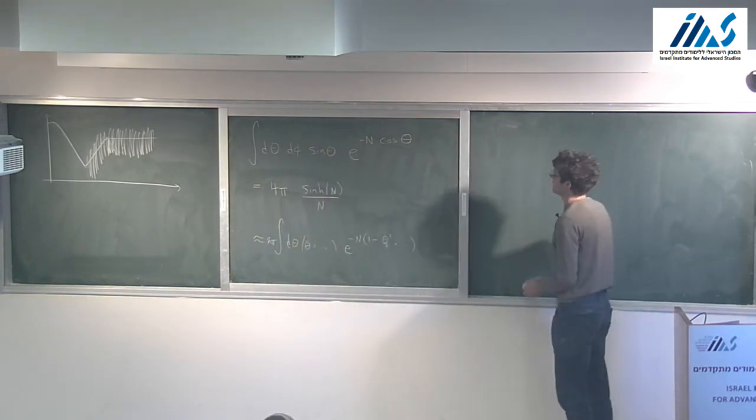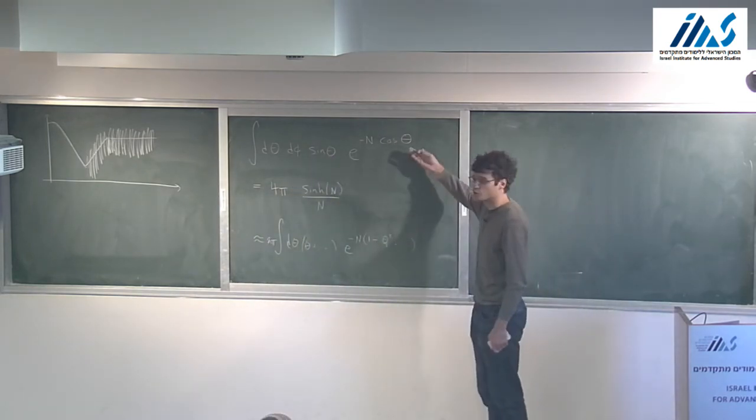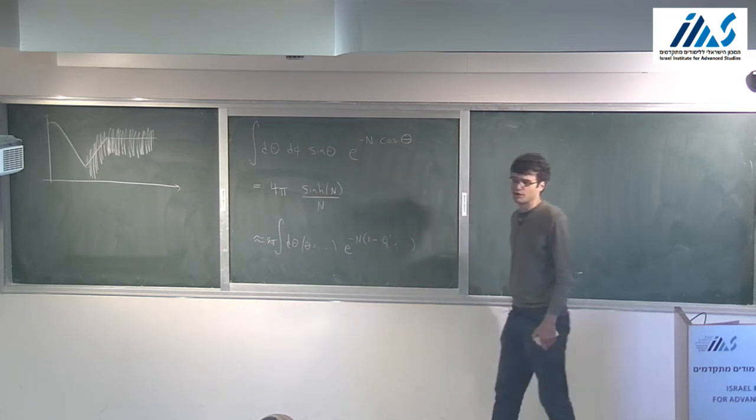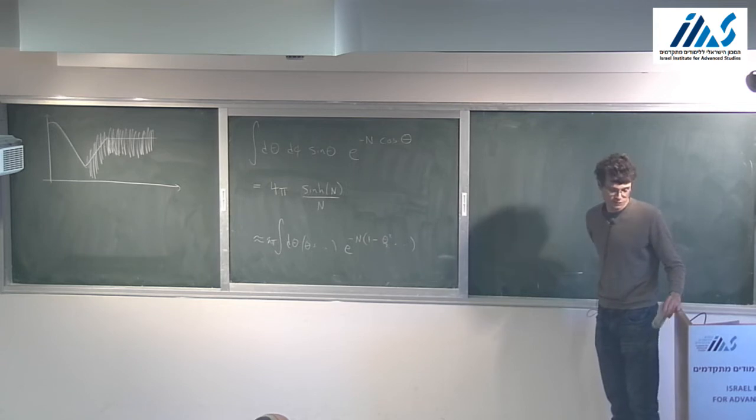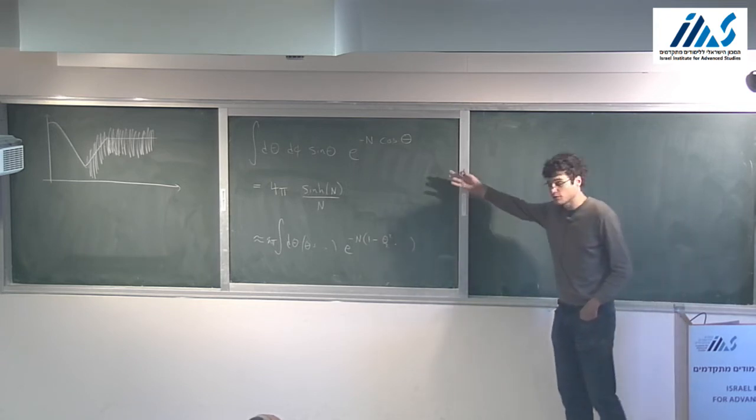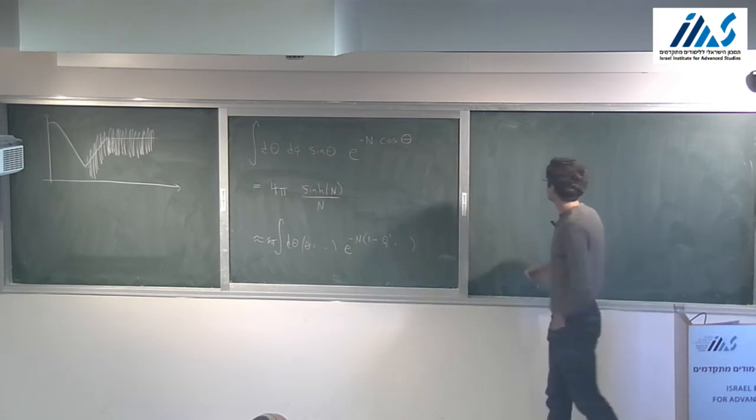Now in this case, it's super easy to show that it's true by doing the integral exactly. But there are cases where that's not true. And it's helpful to have a general family of integrals that are one-loop exact. And this is an example of the general family. So what is the general family?